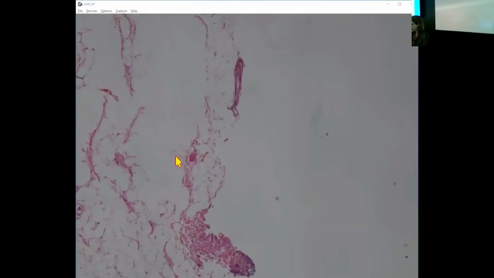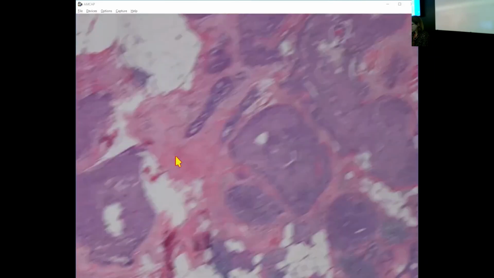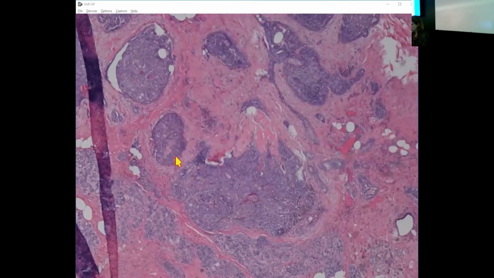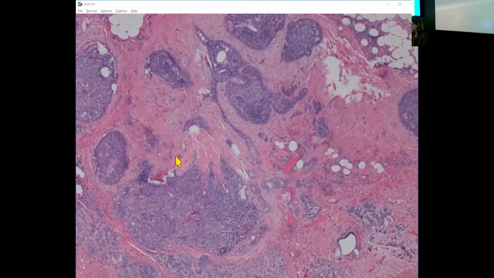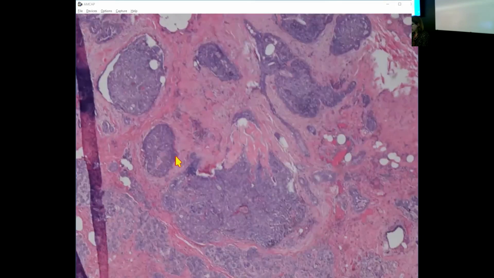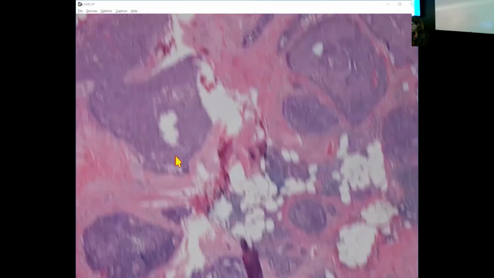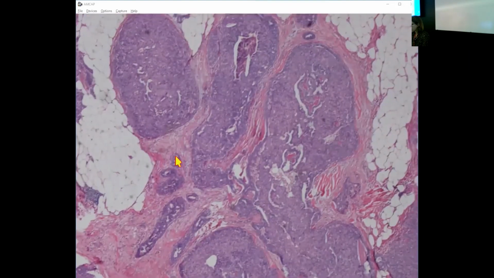Okay, here's another example of a complex sclerosing lesion. So we have sclerosis, maybe a fibrovascular core, a little bit of papillary stuff going on, and areas of necrosis.